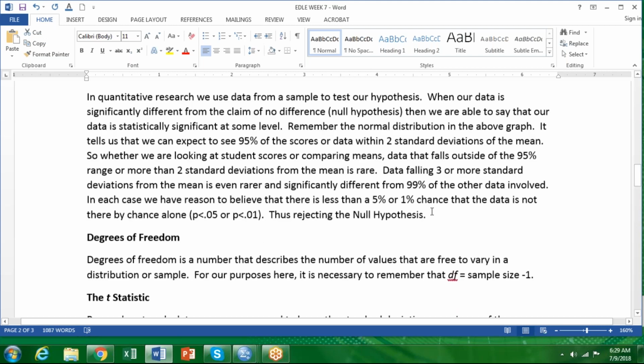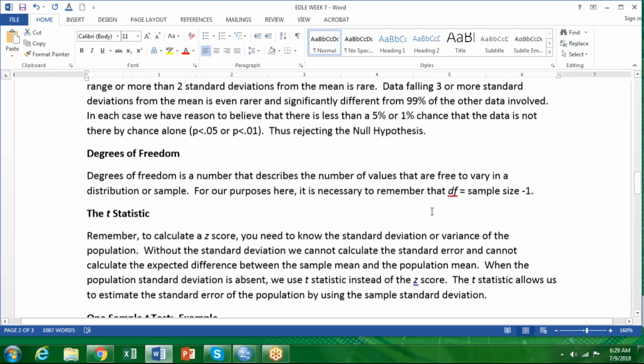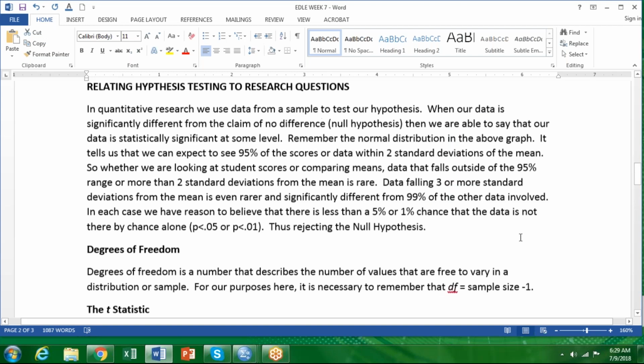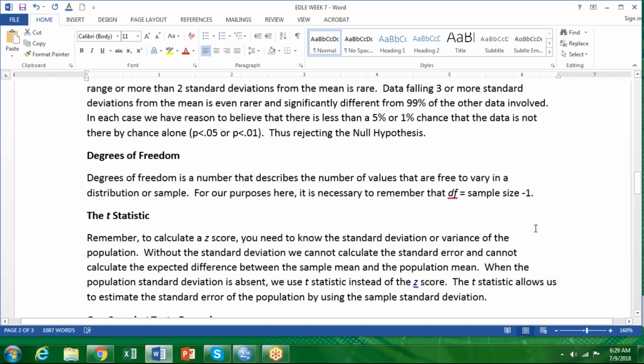And so then there's a couple of little definitions we want to remind ourselves of. Degrees of freedom: that's the number of values in your sample that are free to vary. For our purposes here, it is necessary to remember that degrees of freedom equals the sample size minus 1. The minus 1 is just to make sure that we don't make any errors.